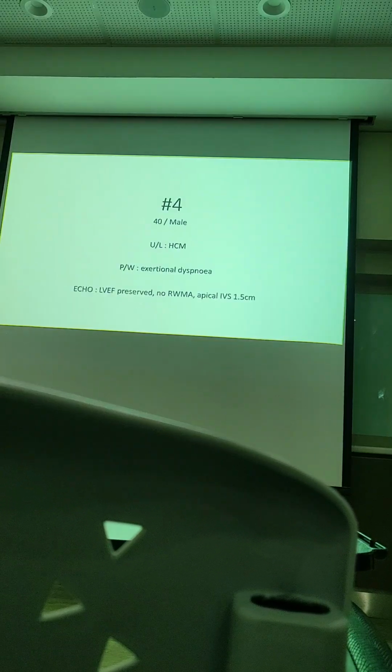Number 4, 40 years old, male underlying hypertrophic cardiomyopathy, presented with essentially this is EF, no RWA tapi IVS dia 1.5 cm. So this one algorithm 1 or algorithm 2? Siapa rasa tu?